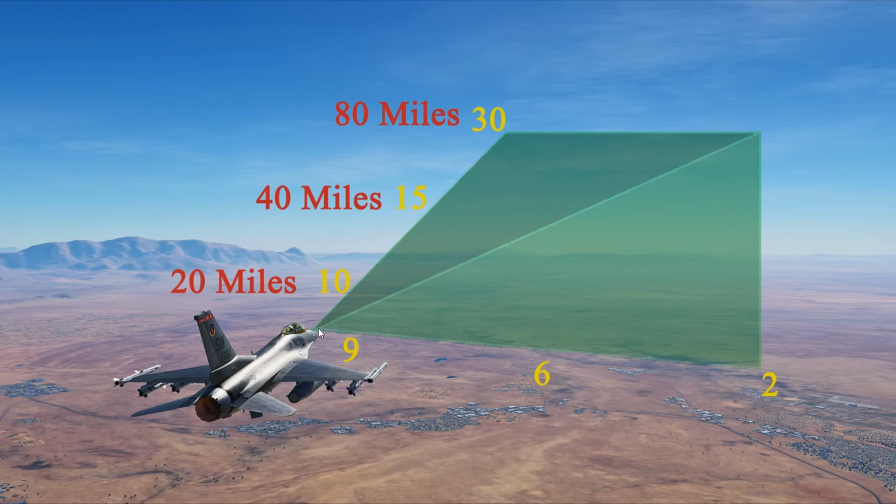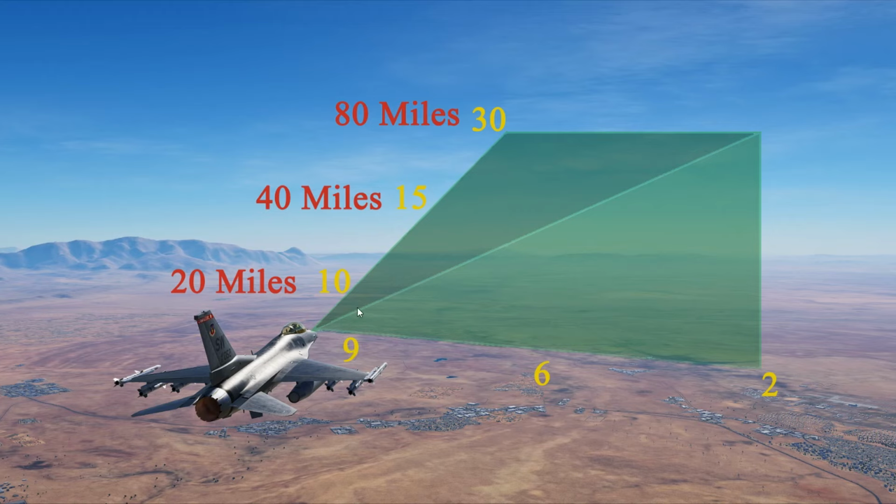Okay, so this green thing represents the area in front that the F-16 is looking at. All right, these are our ranges: 20, 40, and 80 miles. Okay, and these little yellow things represent the maximum and minimum altitudes that we saw on the cursor.